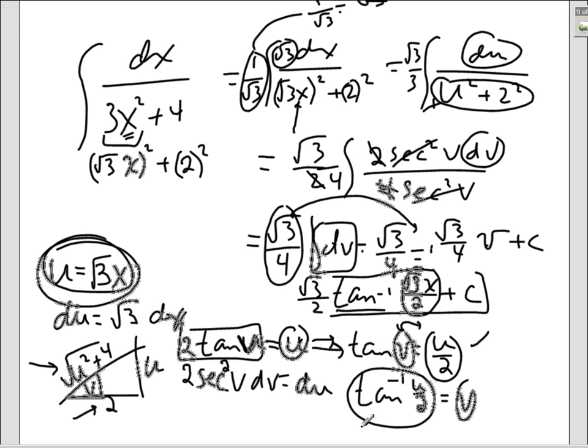The arctangent, I get that v is of u over 2, and that u was the square root of 3 times x over 2.